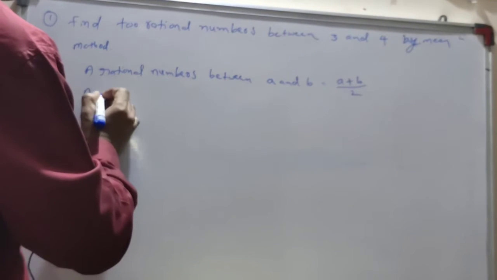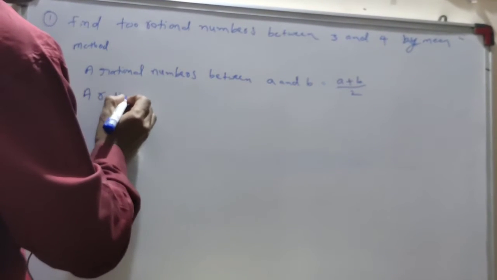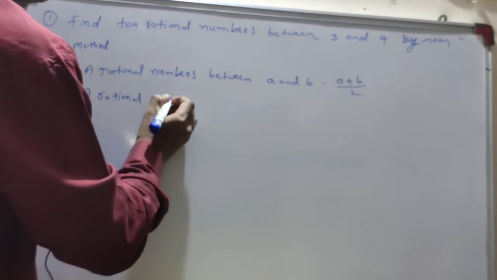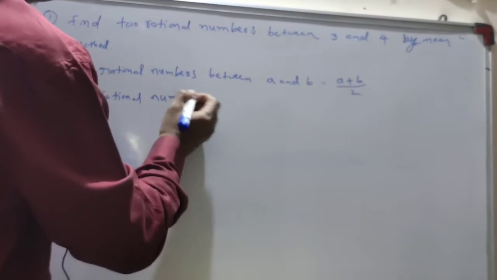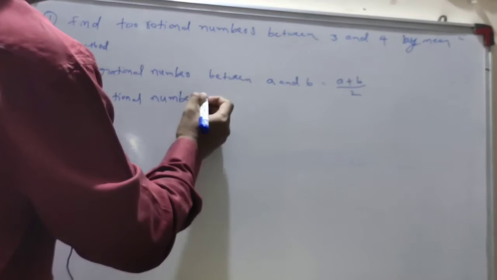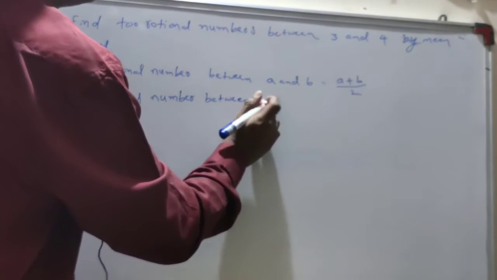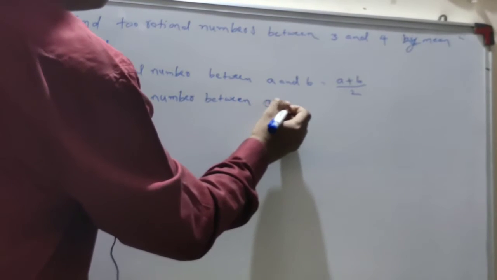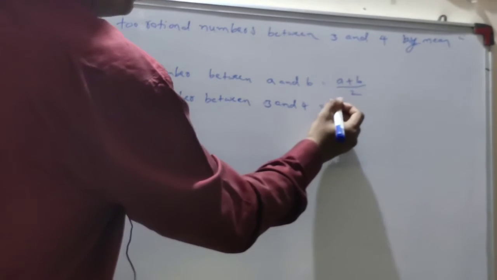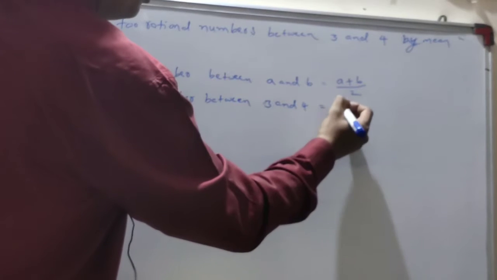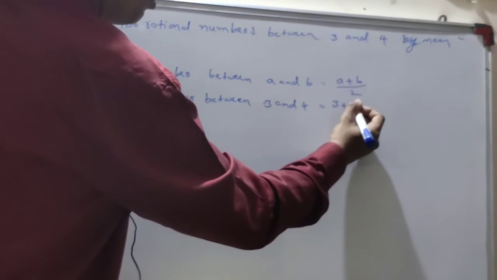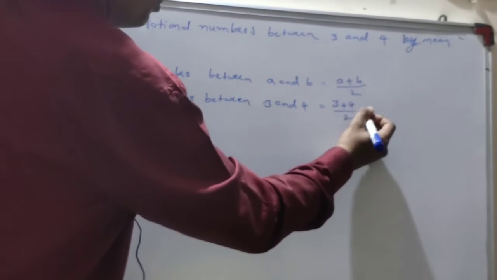So a rational number between 3 and 4, simply we can apply it as, in A place you write 3 and in B place 4, that is (3 plus 4) by 2.